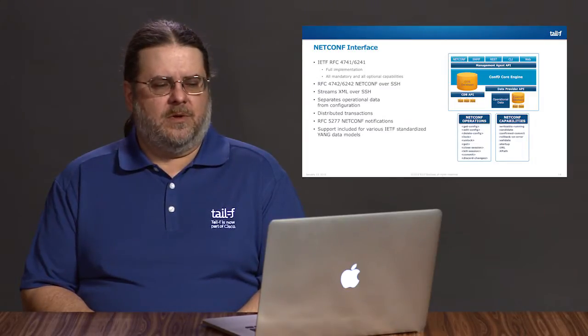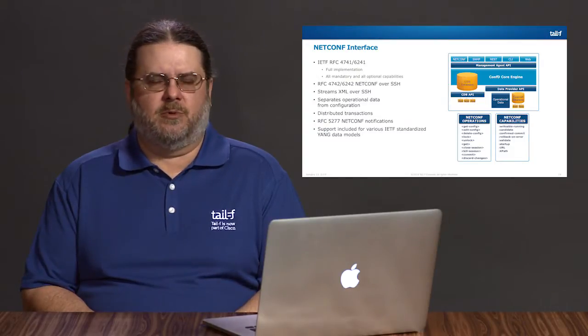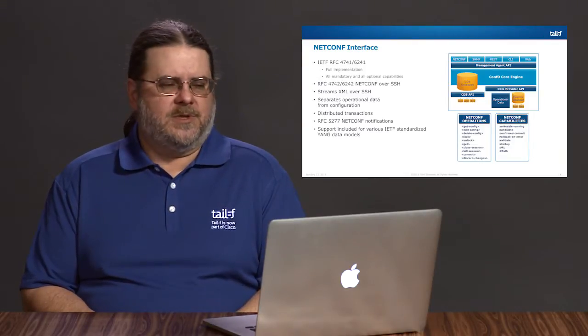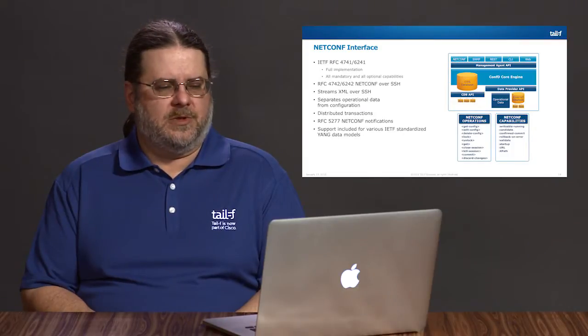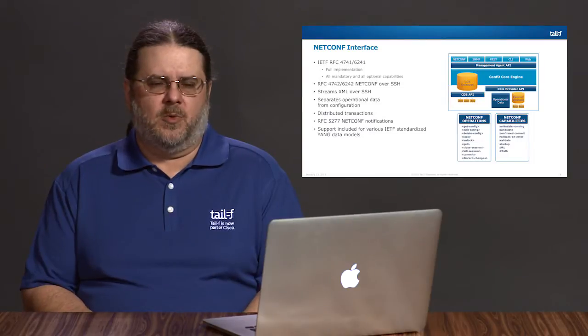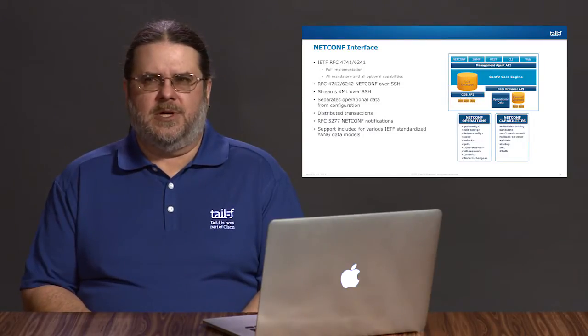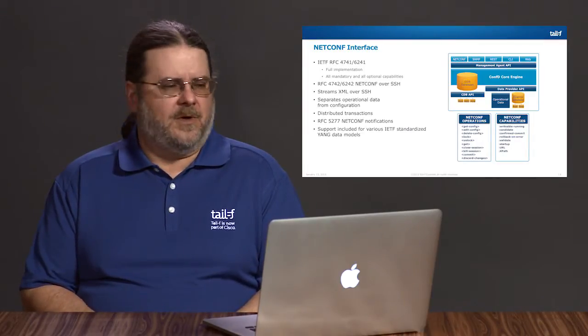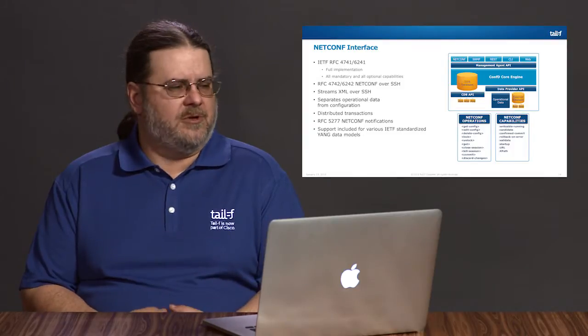So with NetConf, you can do things like the get-config operation, which will return only config data. Otherwise, if you use the get operation, that can be used to get both config and operational data. But separating out what is config data from what is operational data allows you to easily extract configuration from one device, modify it if so desired, and then apply that configuration to another device from your centralized management systems.